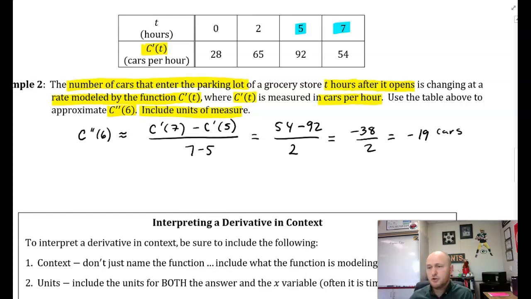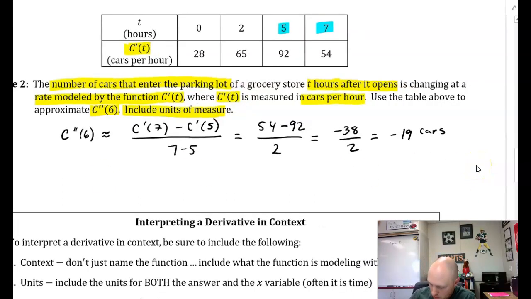Okay, and I'm going to include units. So this is cars per week. That is the y values, right? Sorry, cars per hour. Cars per hour, and I am dividing by the units of my independent variable, which is hours.